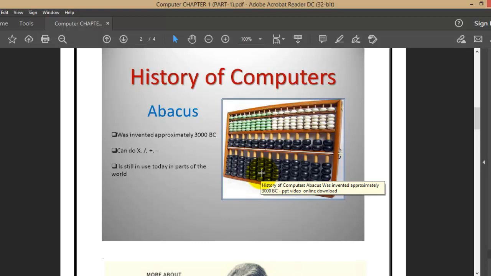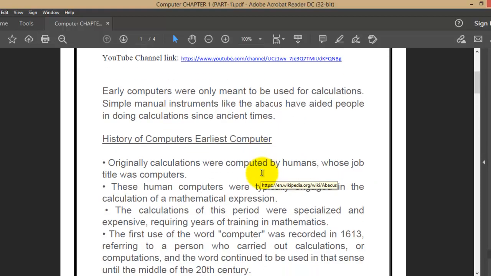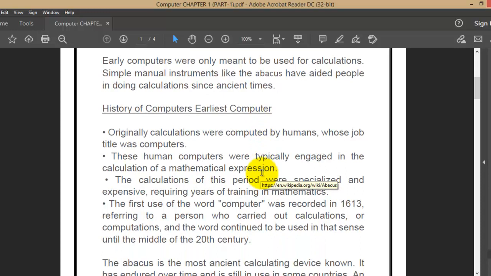And after developing this calculating device, people started thinking of more reliable and comfortable devices, and after generations of development, our modern computer has been developed and invented by many scientists. There's a long process coming back from there. Now, history of computers.